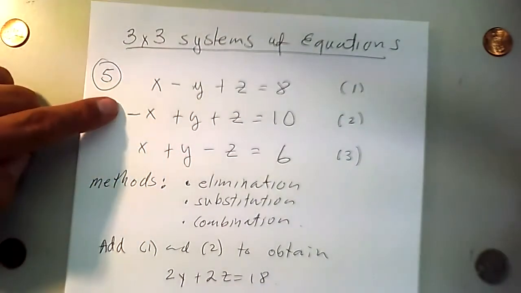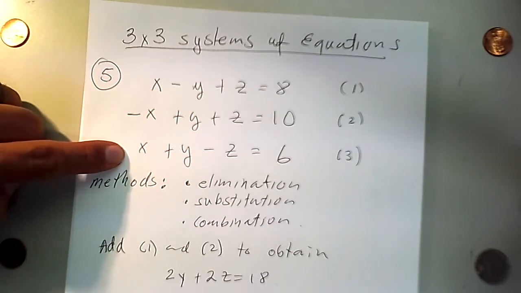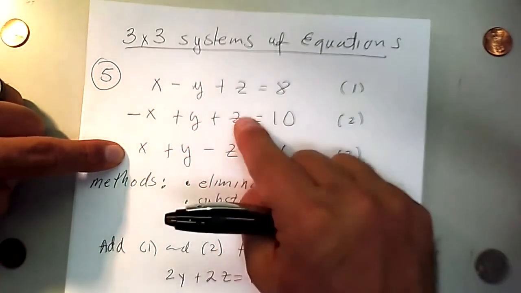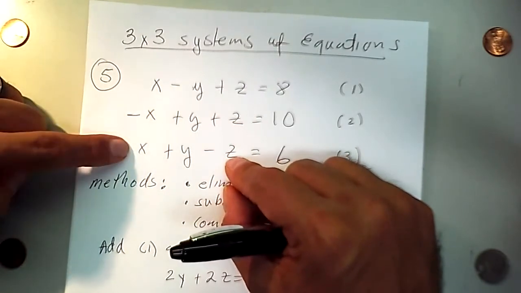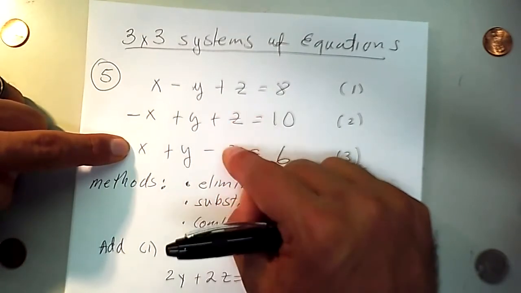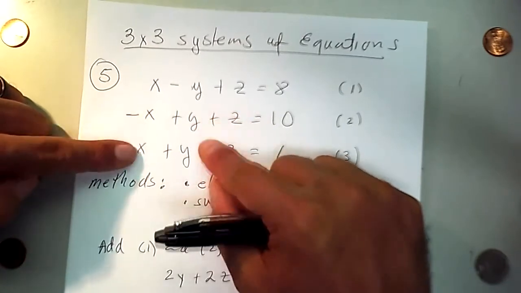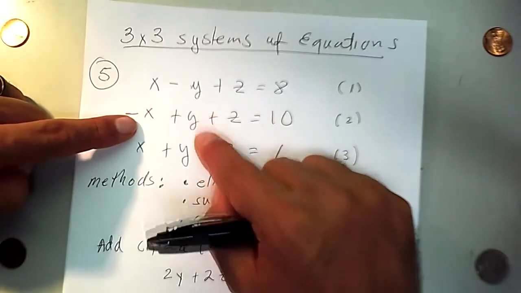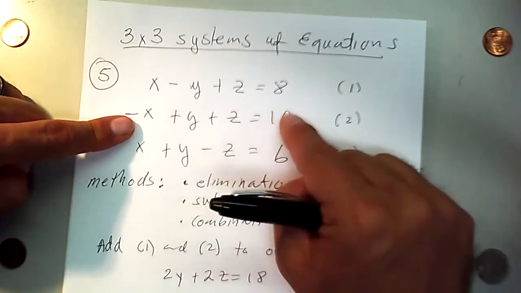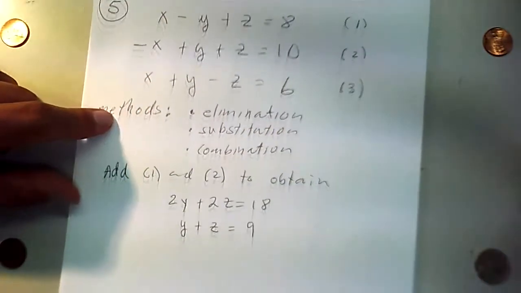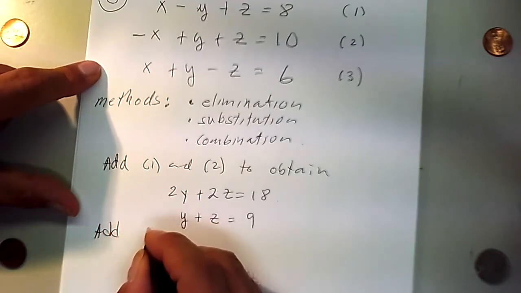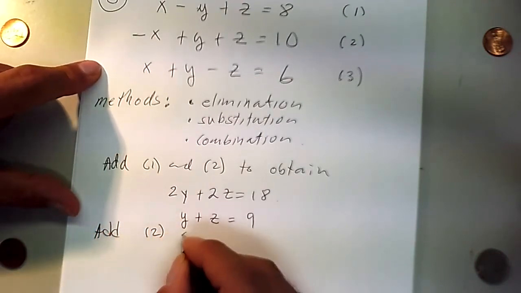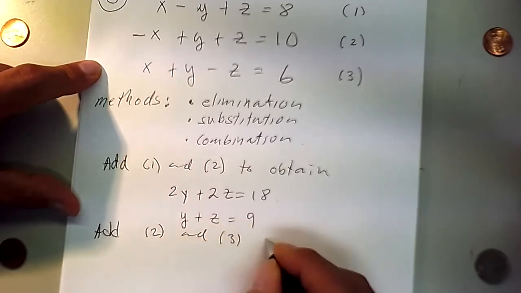If we add equation 2 with equation 3, the x's simplify immediately. Actually, the z's simplify very quickly too, because this is negative and positive of the same. Oh, this works out really nicely. y plus y would be 2y, and 10 plus 6 equals 16. So add equation 2 and equation 3 together.